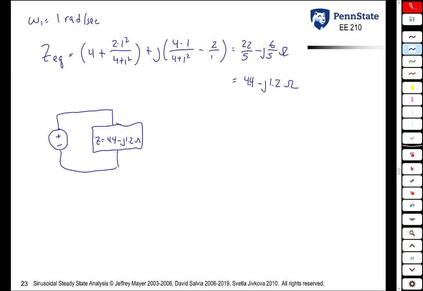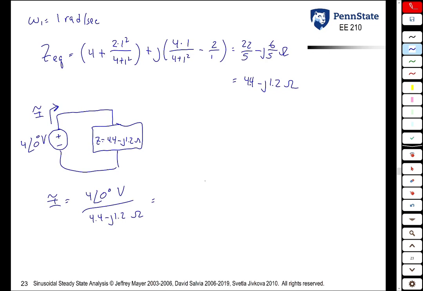The voltage source was 4 at an angle of 0 volts, and we're trying to solve for this current I. So from Ohm's law, I is 4 at an angle of 0 volts divided by 4.4 minus j 1.2 ohms. If you have a calculator that can handle complex numbers, you can do this directly.